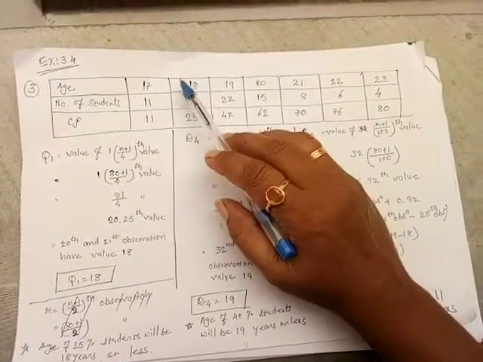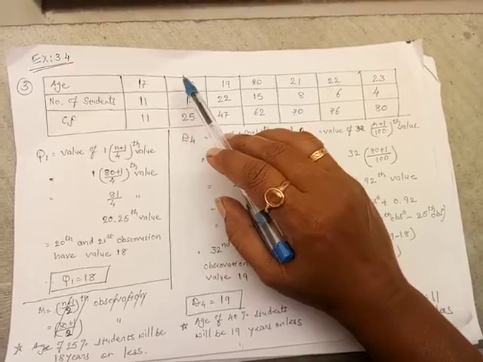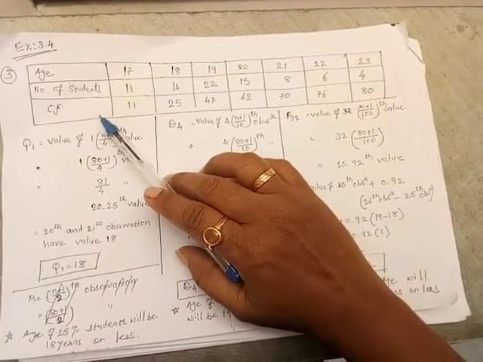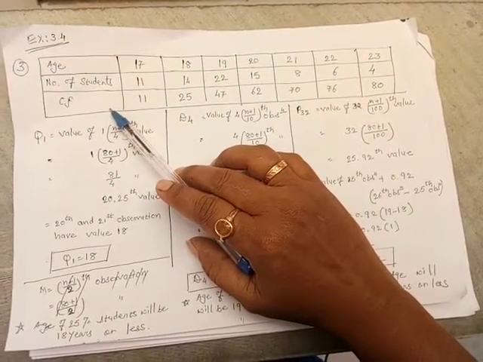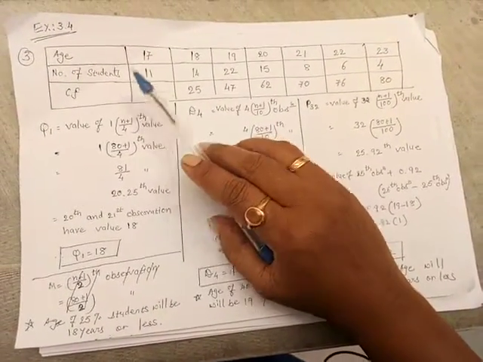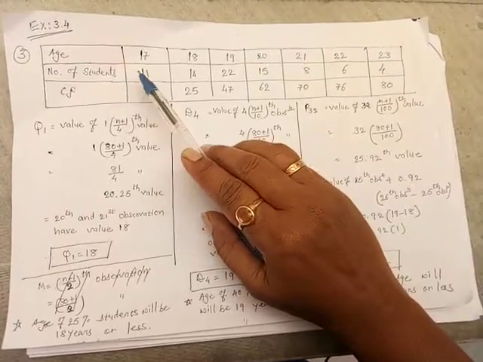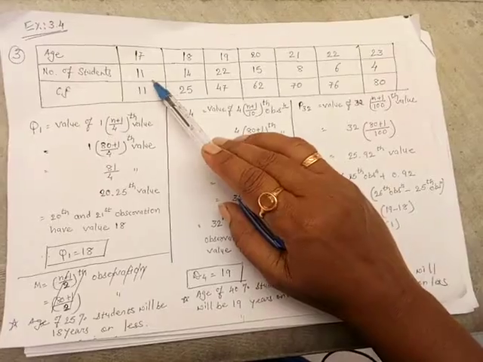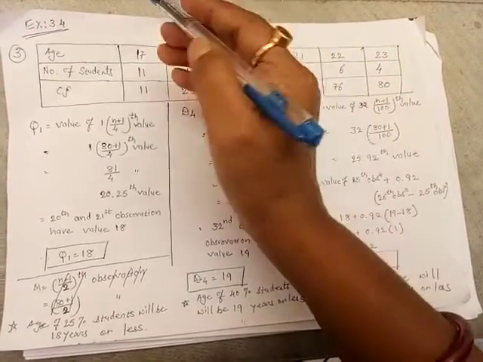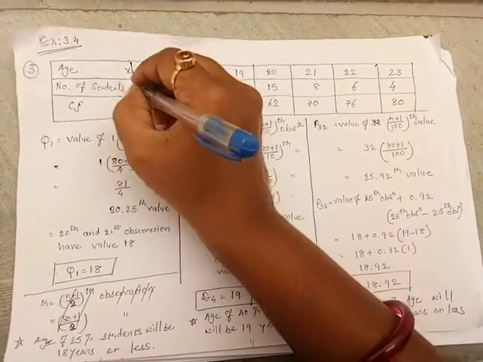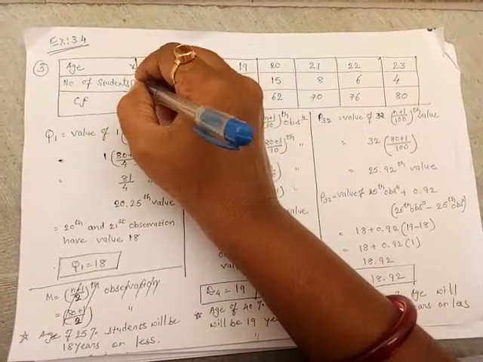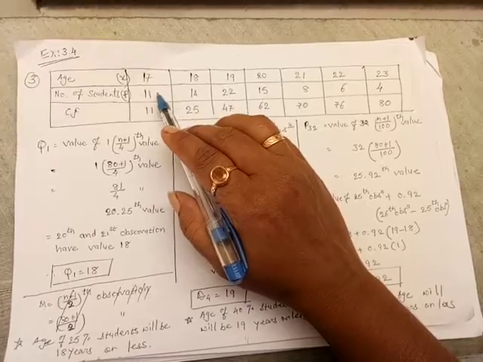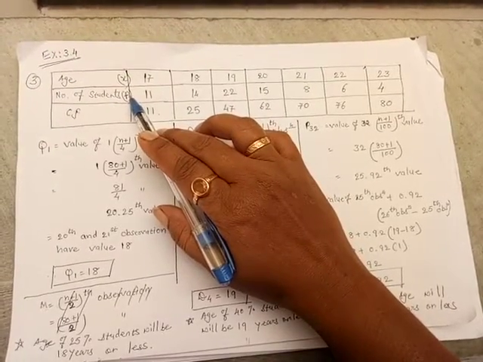Now see here, ages and number of students are already given. So now we require only the CF. Calculation of CF is easy. First of all, it is to be calculated from the frequency only. The first frequency, 11, is given. This is the x values and this is the frequency. So write 11 as it is, because before 11 it is 0.